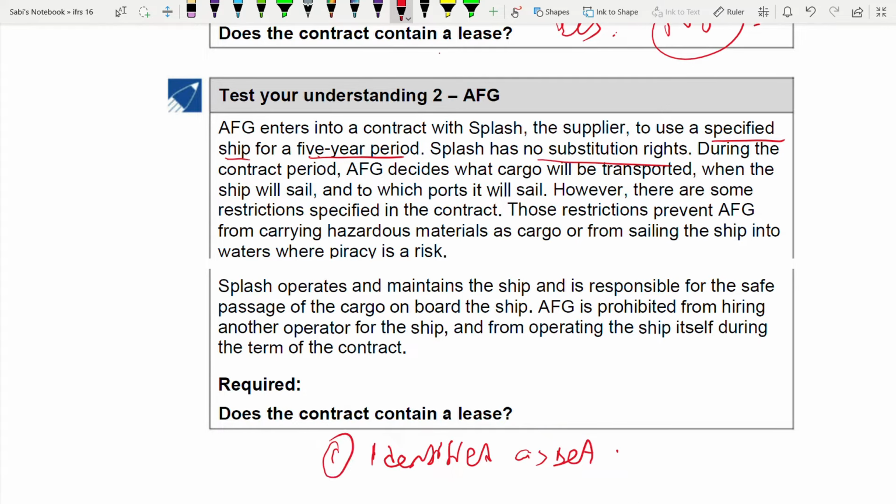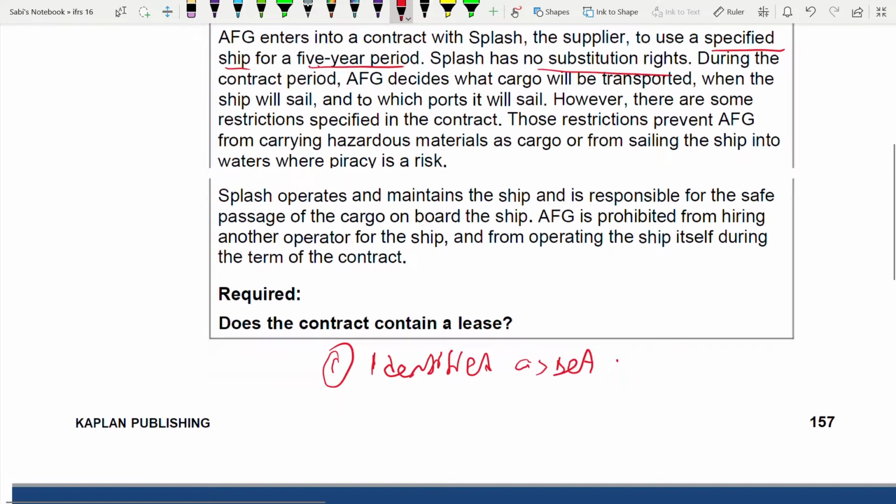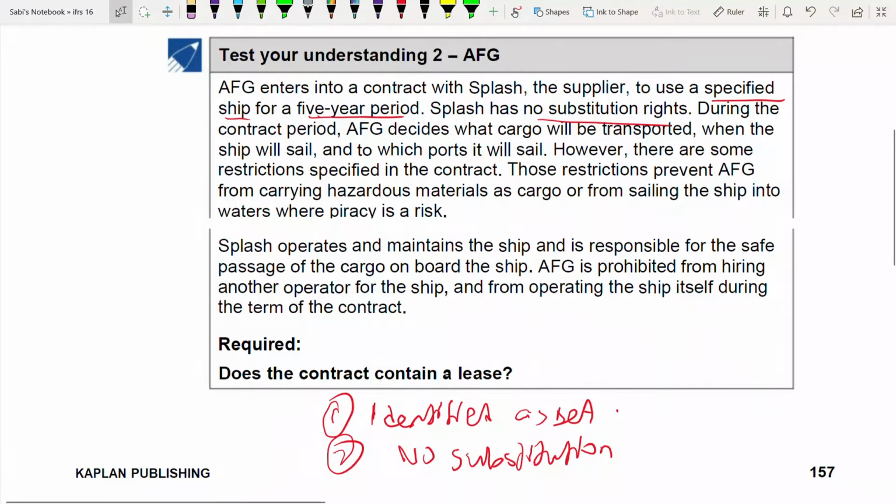All this looks like it's a lease, but do not be too quick to judge. You have to consider all the facts and then look. No substitution rights. During the contract, AFG will decide what cargo, when the ship will sail, which port it will sail to.